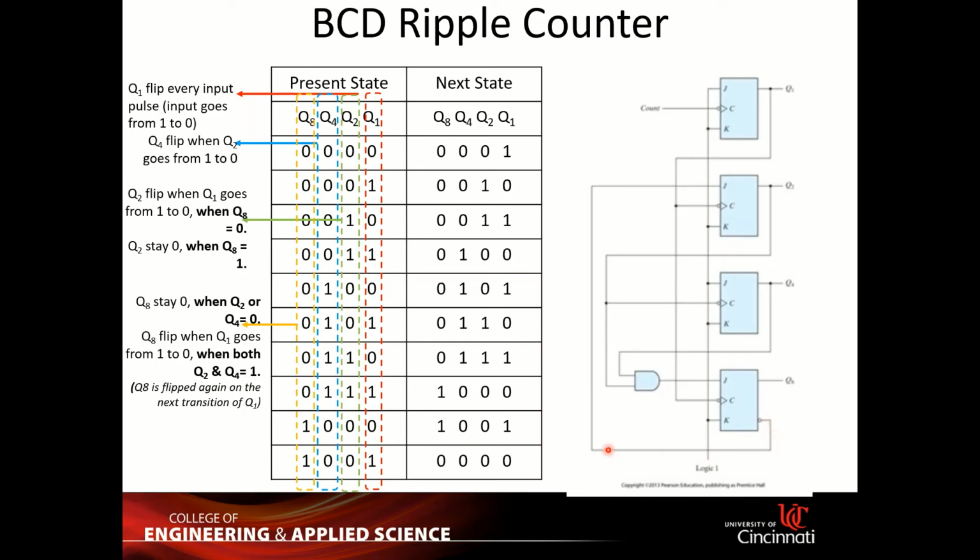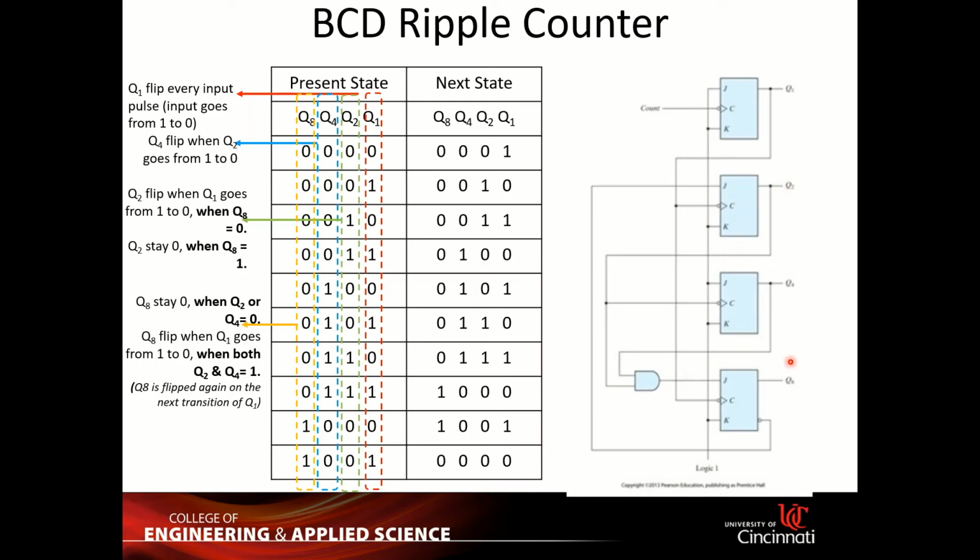So you can probe that and feed that to J. So when Q8 equals 0, both J and K here will be equal to 1, and it's going to flip. But when Q8 equals 1, this one will be 0, right? That means J will be 0, and it will force Q2 to be 0. Okay.